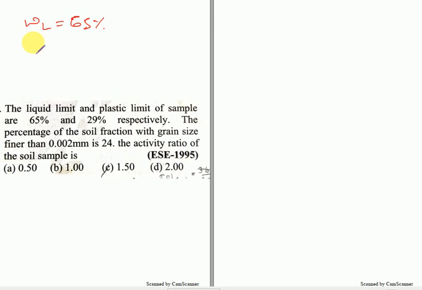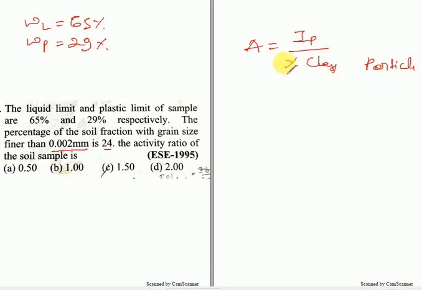So the question from Indian Engineering Service: the liquid limit WL is equal to 65%, and the plastic limit WP is equal to 29% respectively. The percentage of the soil fraction of grain size 0.002 mm is 24. The activity number of the soil is given by IP divided by percentage of clay particles, which I had already told. The value of IP is equal to WL minus WP, which is 65 minus 29, that is 0.65 minus 0.29, which comes to be 0.36.